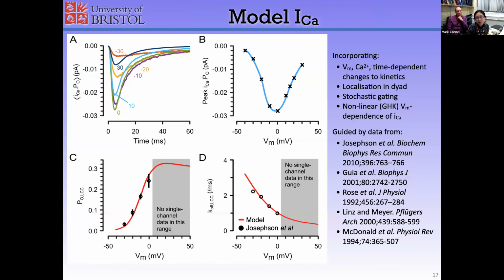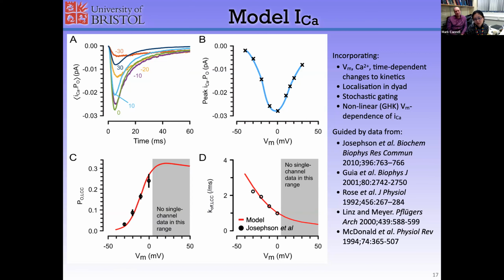So our model calcium current has a number of features, including voltage, calcium, and time-dependent gating kinetics. And in panel A, you can see that the model can reproduce whole cell calcium currents, shown at various test potentials.